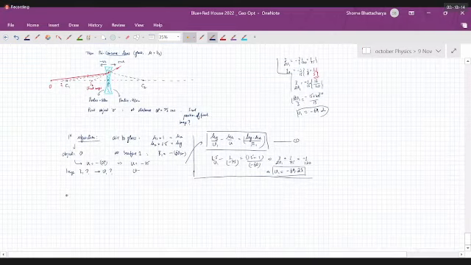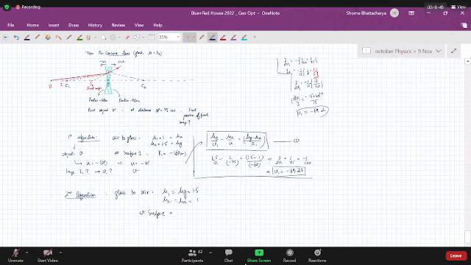Now the second refraction, this is happening from glass to air. So this time we will take mu1 as refractive index of glass and mu2 as refractive index of air. Okay. And it's happening at surface 2.